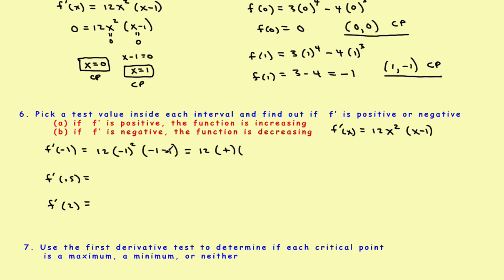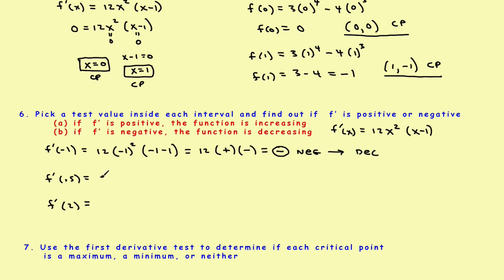Then -1 minus 1 is -2, but all I care about is that it is negative. Now, when you multiply these together, a positive times a negative is a negative, which means that in this interval, the first derivative is negative. And what that means is that the graph is decreasing. So it's decreasing in the first interval.